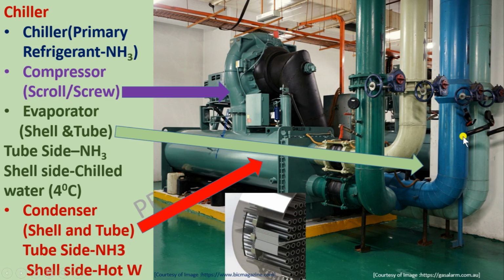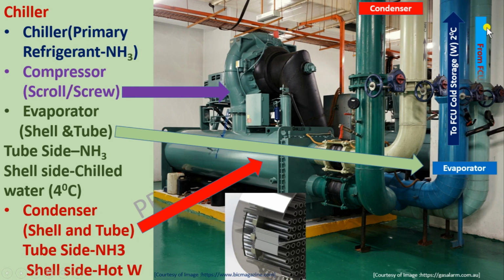Now here are 4 lines. These 2 lines are connected to the evaporator and these 2 lines are connected to the condenser. Now chilled water line from the evaporator at 2 degrees Celsius temperature passes to the fan coil unit of cold storage room. So at the cold storage room it produces cooling effect, and after absorbing heat it is returning from fan coil unit at 6 degrees Celsius temperature to the evaporator.